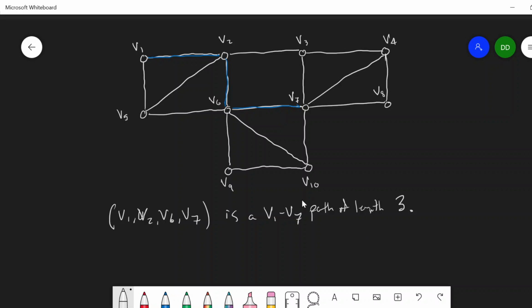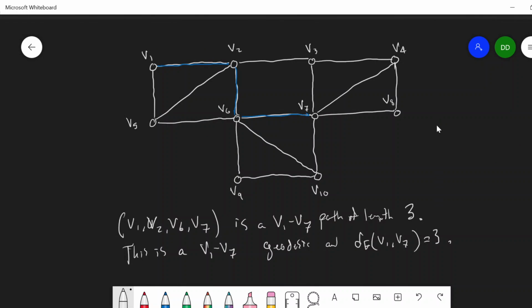And so the shortest path must be length 3. So this is a V1, V7 geodesic, and the distance in G between V1 and V7 is 3. The length of a shortest path is the distance.